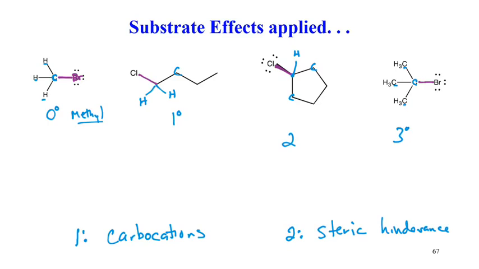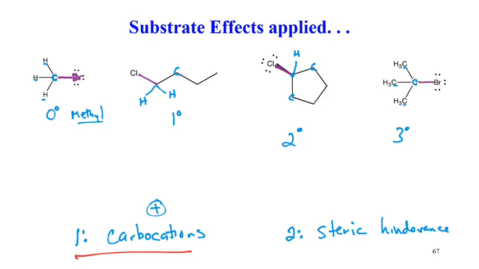So if we're concerned about carbocations, let's start with that. If I want a carbocation, it needs to be stable. So my first argument would be, hopefully I memorized the stability of carbocations. I want more electrons around them. A carbocation is unstable because it is a positive charge. To make it more stable, it needs more electrons.